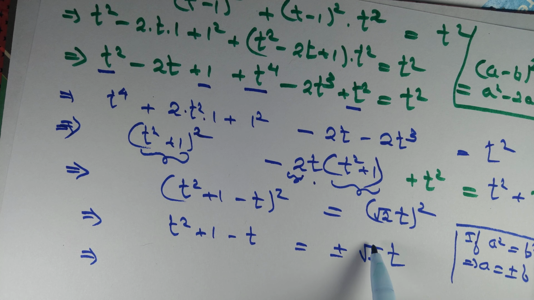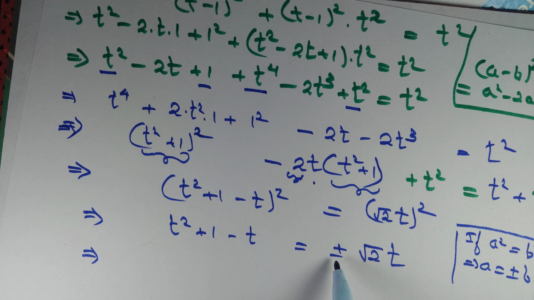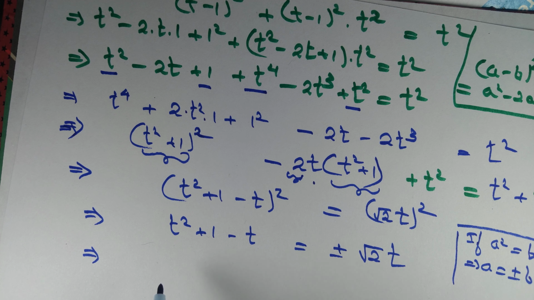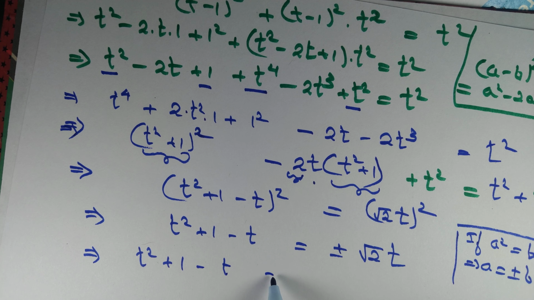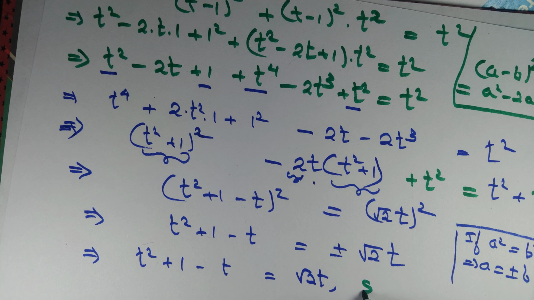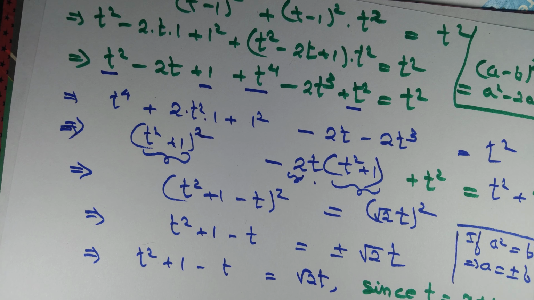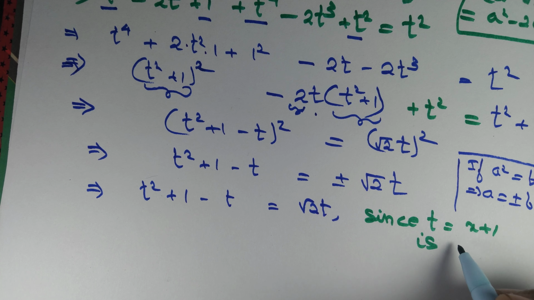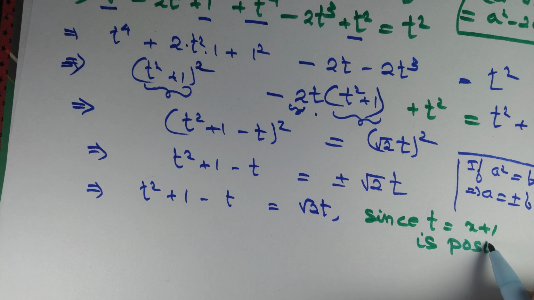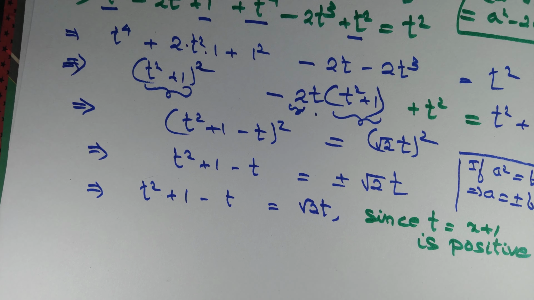And the right hand side is also positive except for this negative sign. So we conclude that t square plus 1 minus t equal to root 2t, since length cannot be negative, since t equal to x plus 1 is positive. It's not even 0.